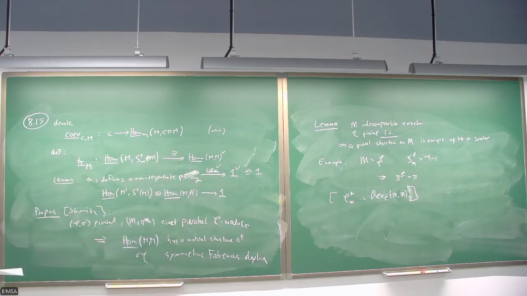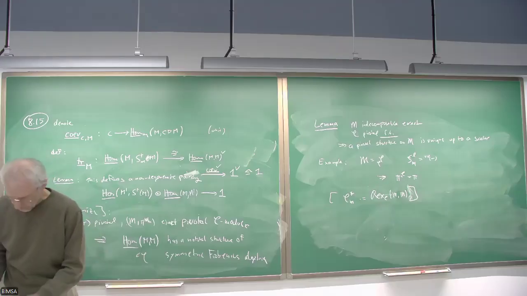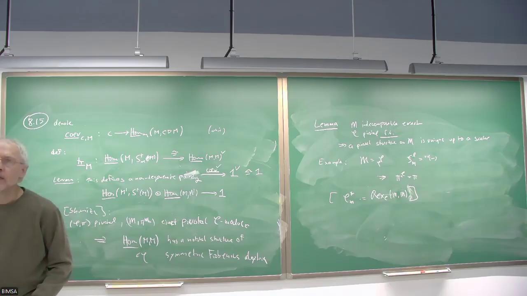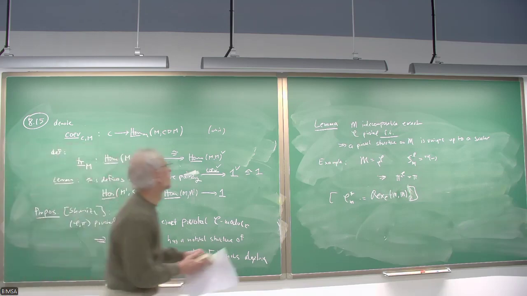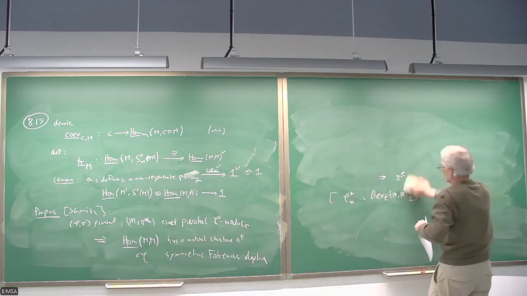So we get a morphism from A to 1, and then you show that it is symmetric and non-degenerate. Related results.